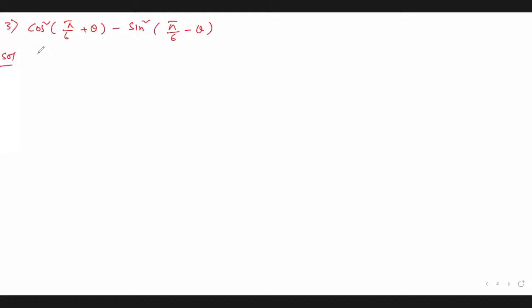This is in the form of cos square A minus sin square B, which is equal to cos A plus B into cos A minus B. You should remember this one. See the problem, A is equal to pi by 6 plus theta, B value is equal to pi by 6 minus theta.